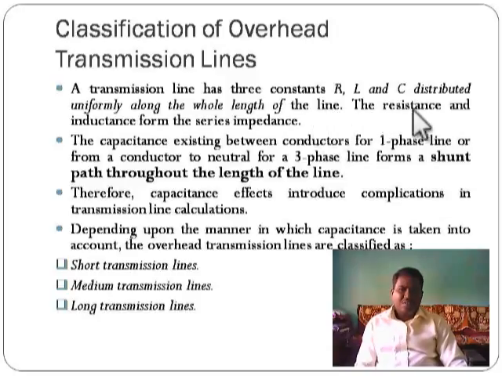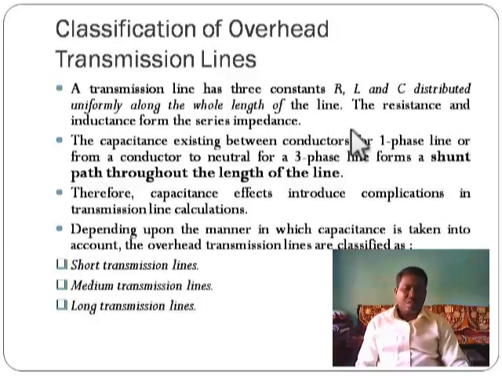Here the resistance and inductance form the series impedance, which we call Z. Famously, Z equals R plus jXL, where R stands for resistance and XL stands for reactance. The combination of resistance and reactance is nothing but the impedance. The reactance is due to the presence of inductance, the XL value.